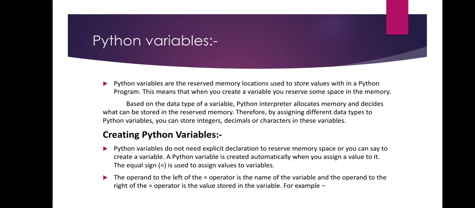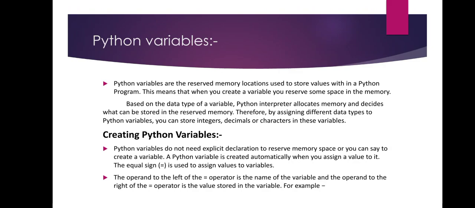We also have local variables and global variables. Depending on the type of variable, the Python interpreter allocates memory and decides what can be stored in the reserved memory.